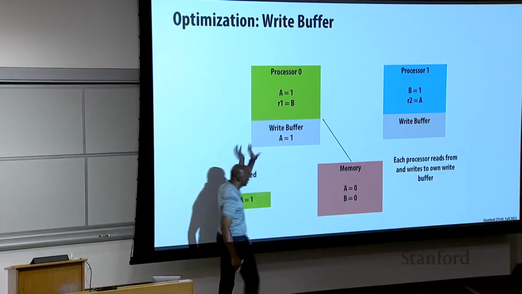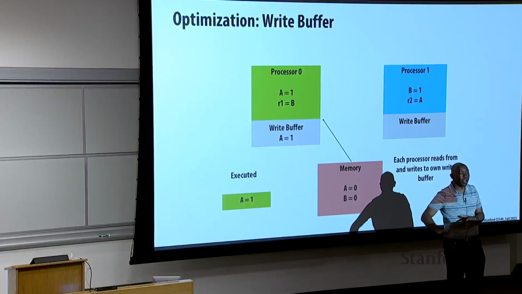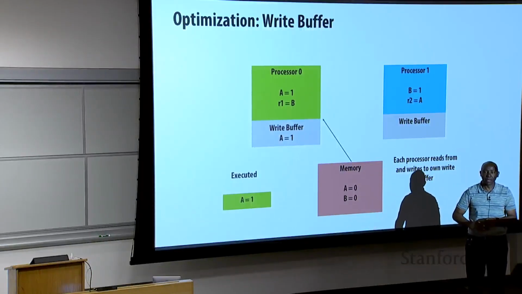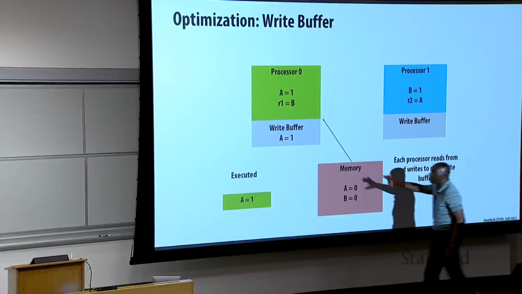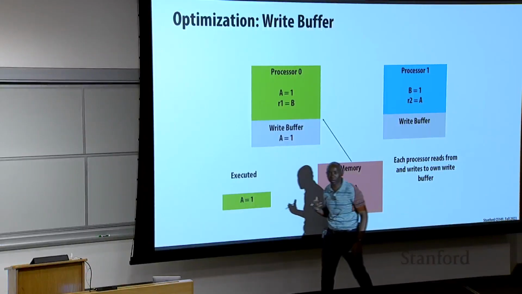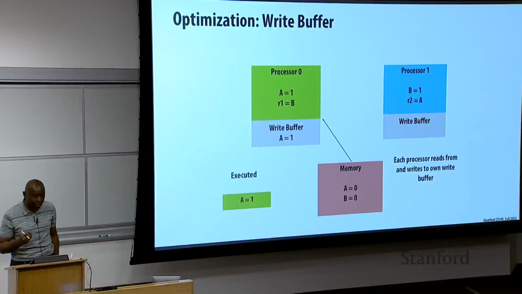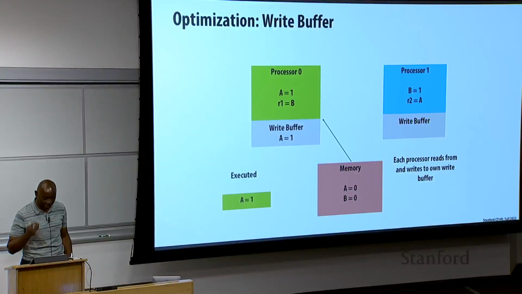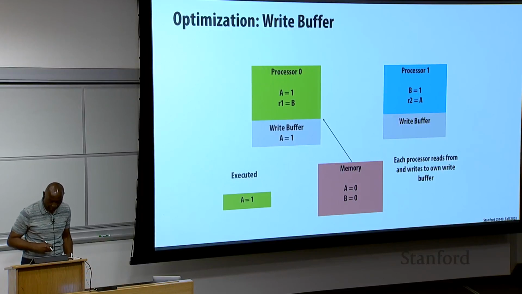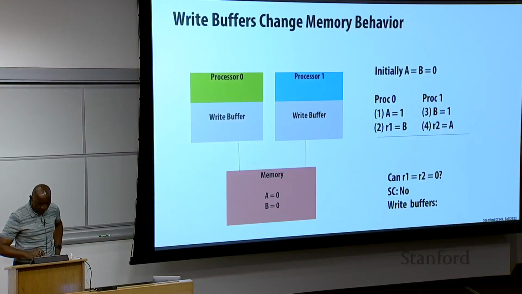The write buffer says, you write, eventually it's going to be sent to the memory system, but in the meantime hold off, don't use the bus or the resources, because I'm going to issue the read first. The processor is waiting for the read, and if I get the read earlier, then I will get better performance.